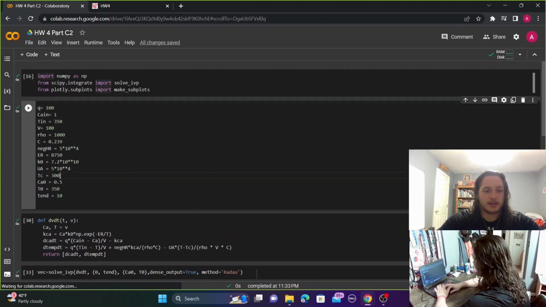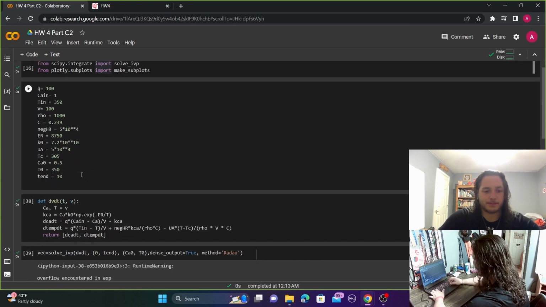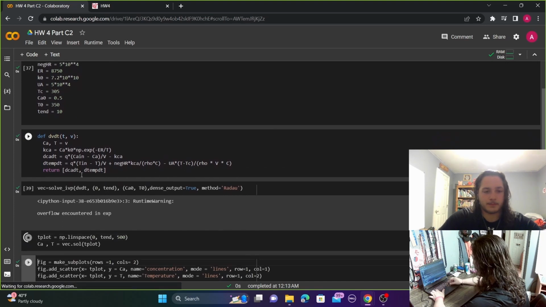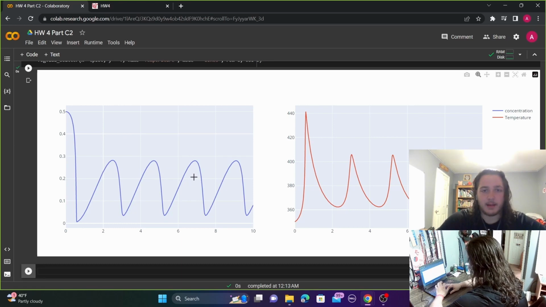So we go to TC, we make it 305, shift enter, and we get an oscillatory graph for each of our concentration and temperature.